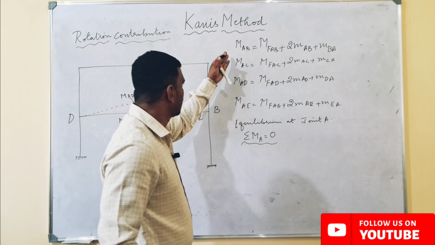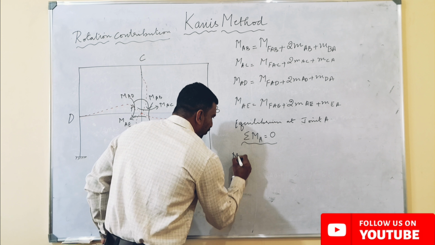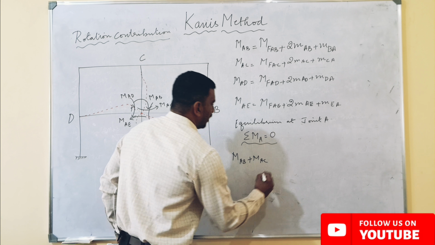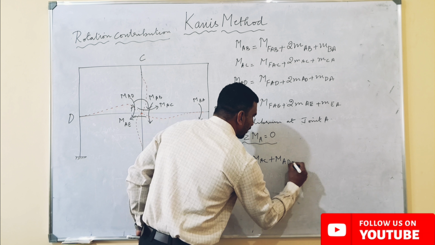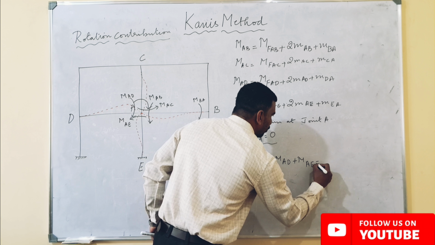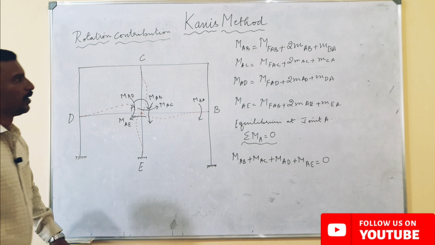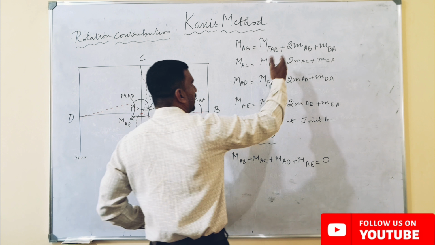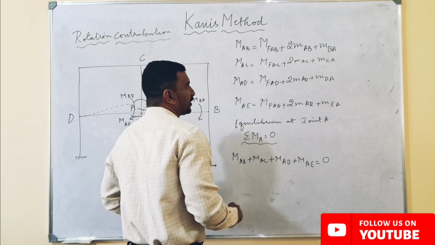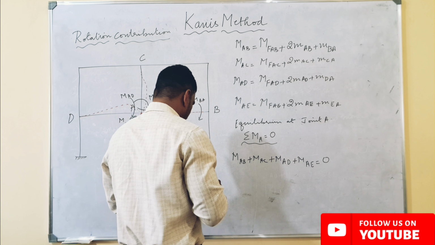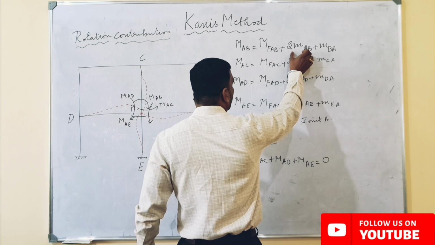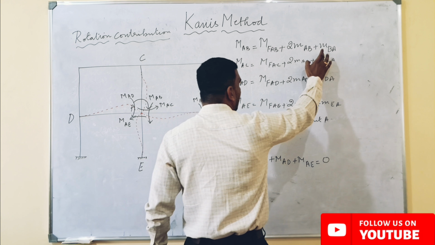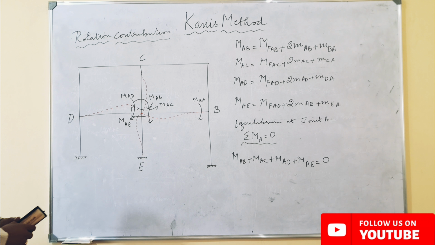That means I have to consider these end moments: moment about A to B plus moment about A to C plus moment about A to D plus moment about A to E should be equal to 0. Now if I consider all these fixed moments about A to B and MAB, that is 2MAB represents the rotation about the near end, and the small MBA represents rotation about the far end.